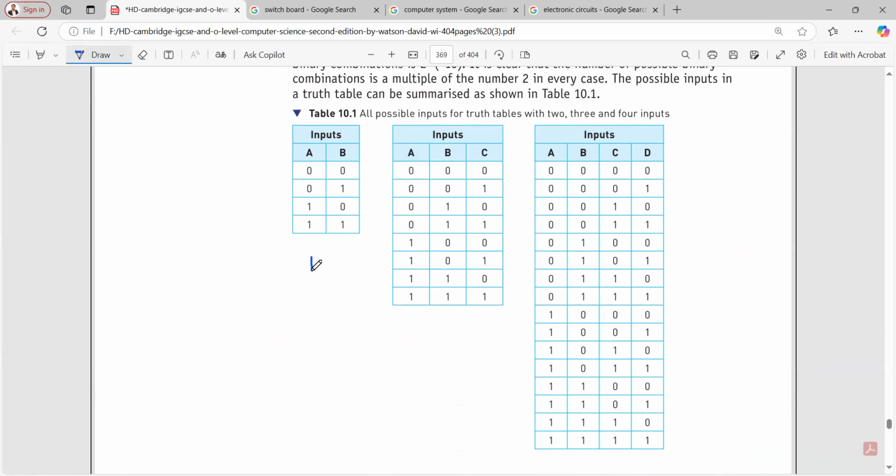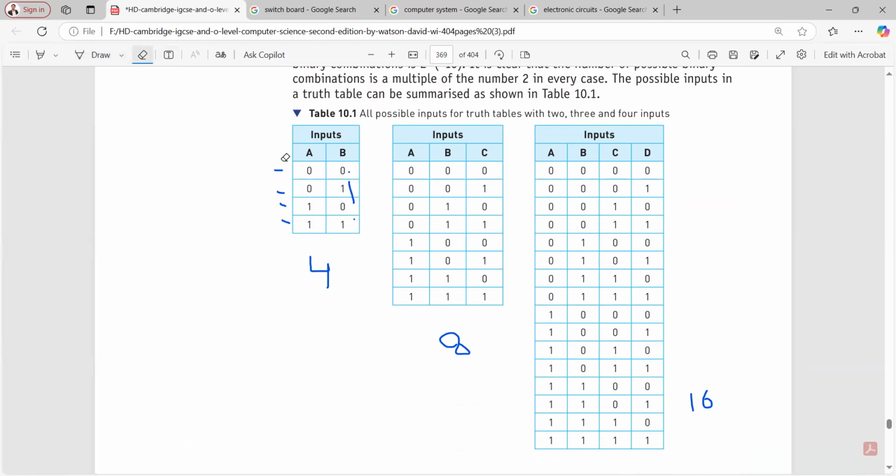Right here, you can see 4 rows, then you can see 8 rows, and this one is for 16 rows. You can see this is 0 0, 0 1, 1 0, 1 1. These values of the inputs are the same; they are never changed.